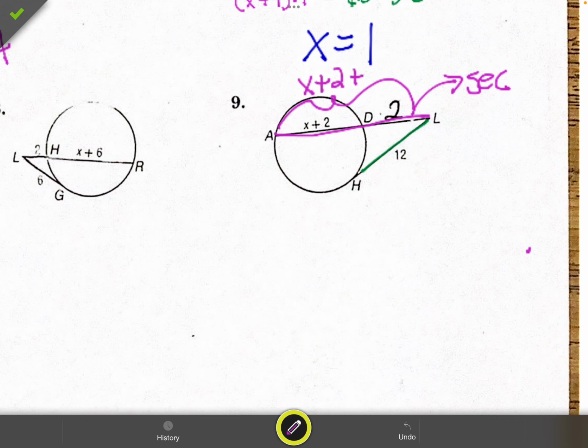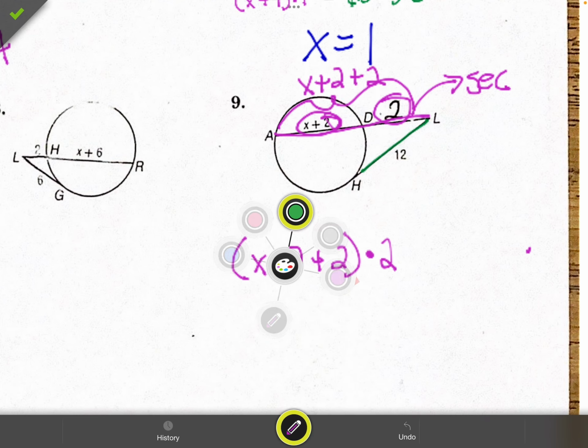And to get the whole thing, we add all of our pieces. So notice that I add the x plus 2 and the 2. I don't just leave one piece. So the whole thing is that first piece, which is x plus 2, plus the second piece, which is 2, times, our formula is whole times outside, so the 2 is on the outside.